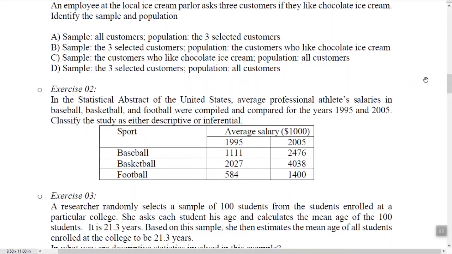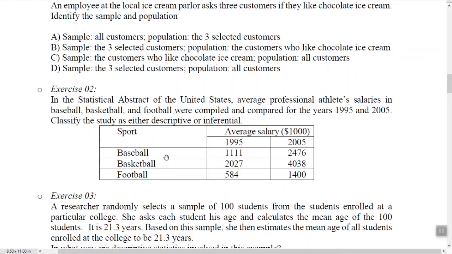In the Statistical Abstract of the US, average professional athletes' salary in baseball, basketball, and football were compiled and compared for years 1995 and 2005. We need to identify whether this is descriptive statistics or inferential statistics.